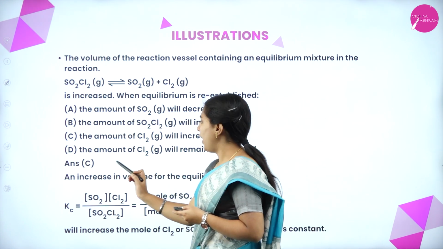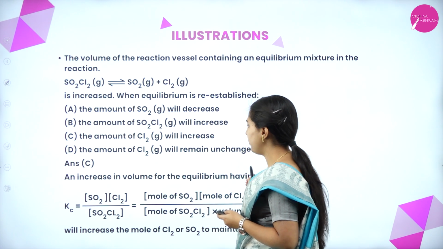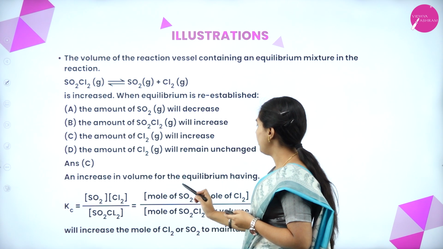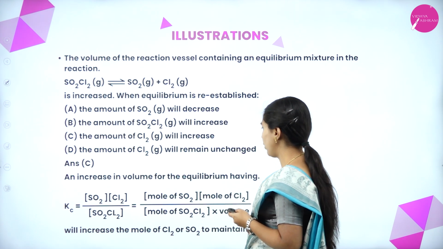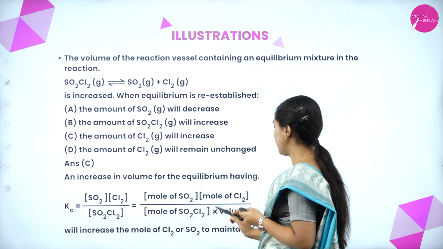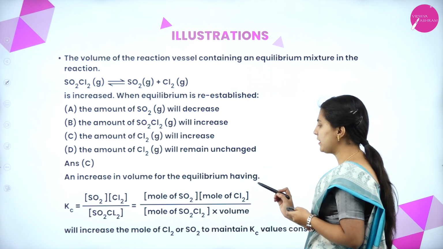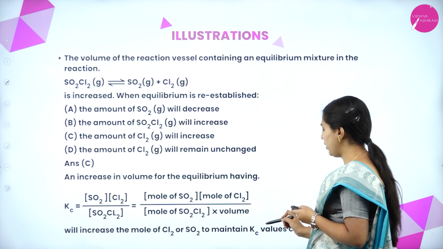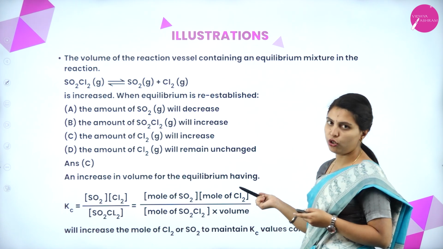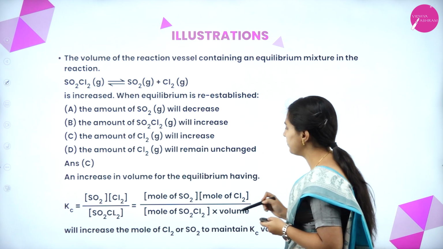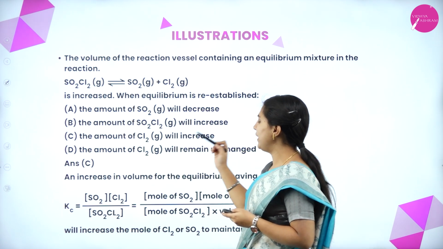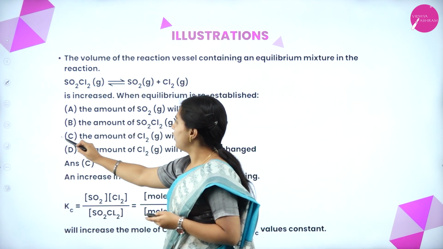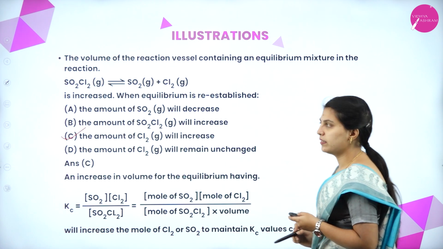An increase in volume, for the equilibrium expression product divided by reactant, the mole of SO2, mole of chlorine, mole of SO2Cl2 into volume, will increase the mole of Cl2 or SO2 to maintain the equilibrium constant at a constant level. If the volume increases, the moles of Cl2 will keep on increasing. So, option C is the answer.